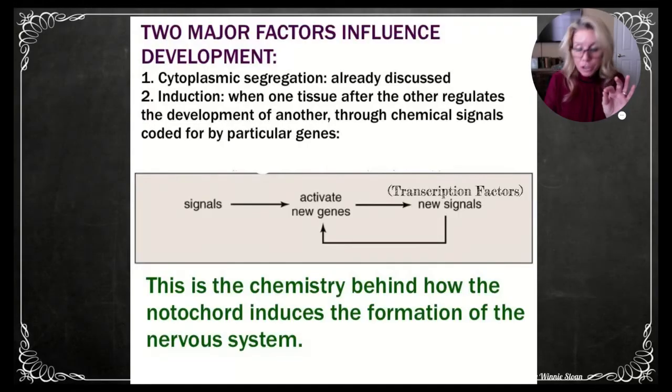So on induction for your notes: when one tissue influences the development of another, either by direct contact or by the release of chemicals and morphogens. And remember cell signaling, we talked about this already.